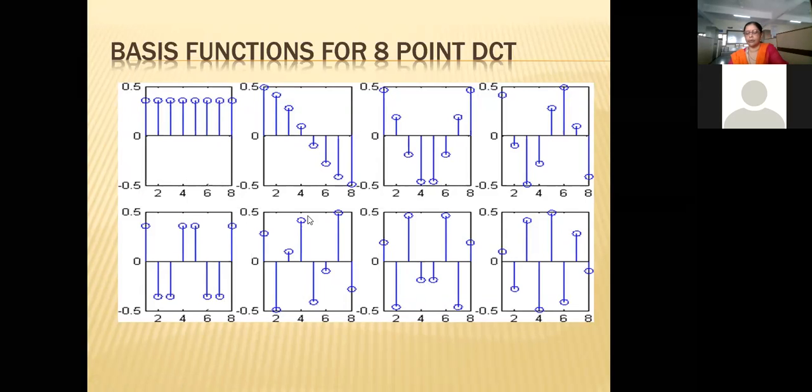And corresponding to an image of size n by n, we get these as basis images. Okay, so for n equal to 8, meaning your image size is 8 by 8, we get these 64 basis images. Okay, so the very first basis image has all coefficients of the same value. So this is the average, it represents 0 frequency, and as we move in a zigzag fashion, frequency goes on increasing.